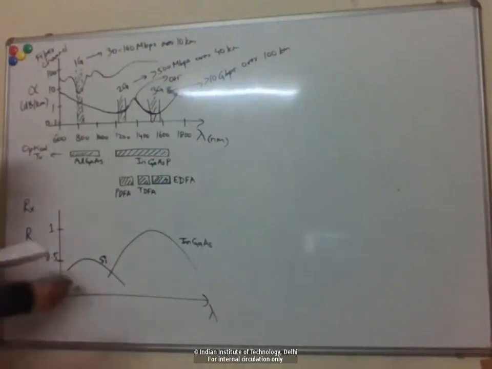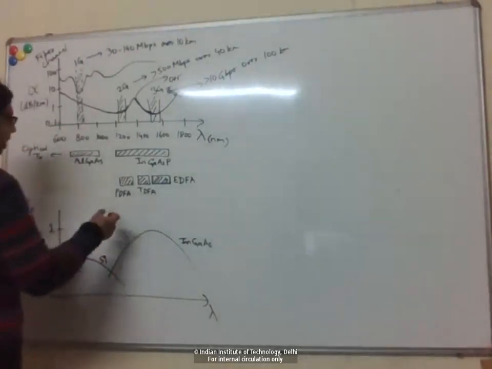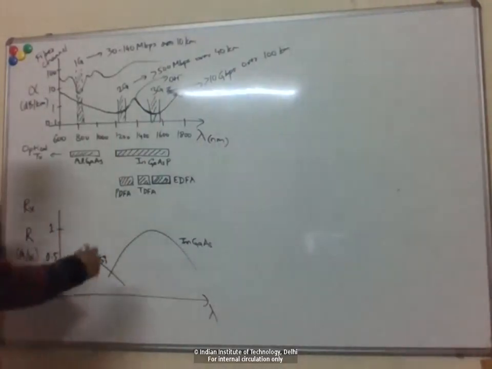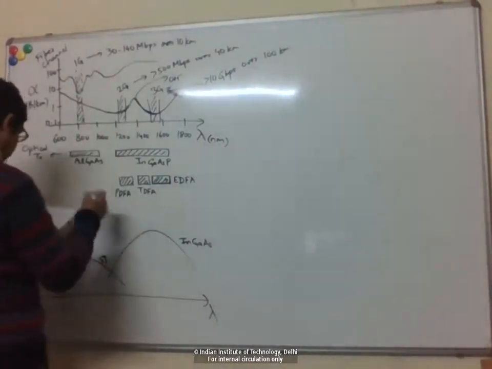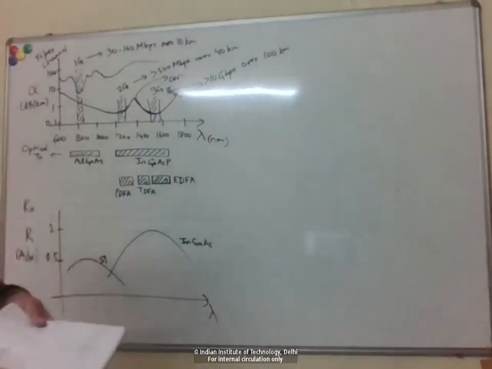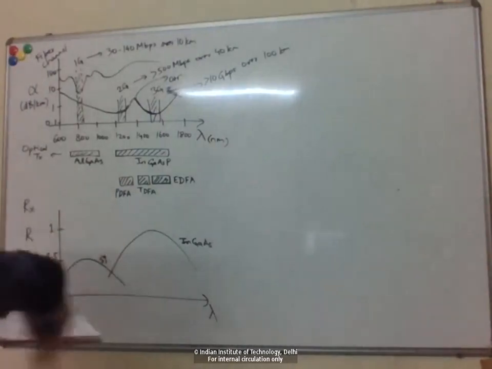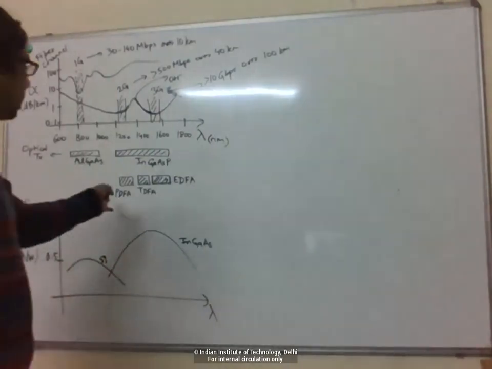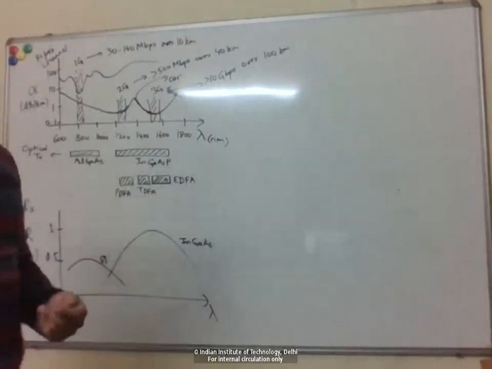Right, and then people also invented Raman amplifiers, which work on the nonlinear optical process of Raman scattering. So we'll also discuss that a little bit in the course, but basically this Raman amplifier is versatile in the sense that you can control the wavelength of operation. Okay, so it requires an external pump wavelength, but by tuning the pump wavelength, you can tune the wavelength range over which your signal gets amplified.